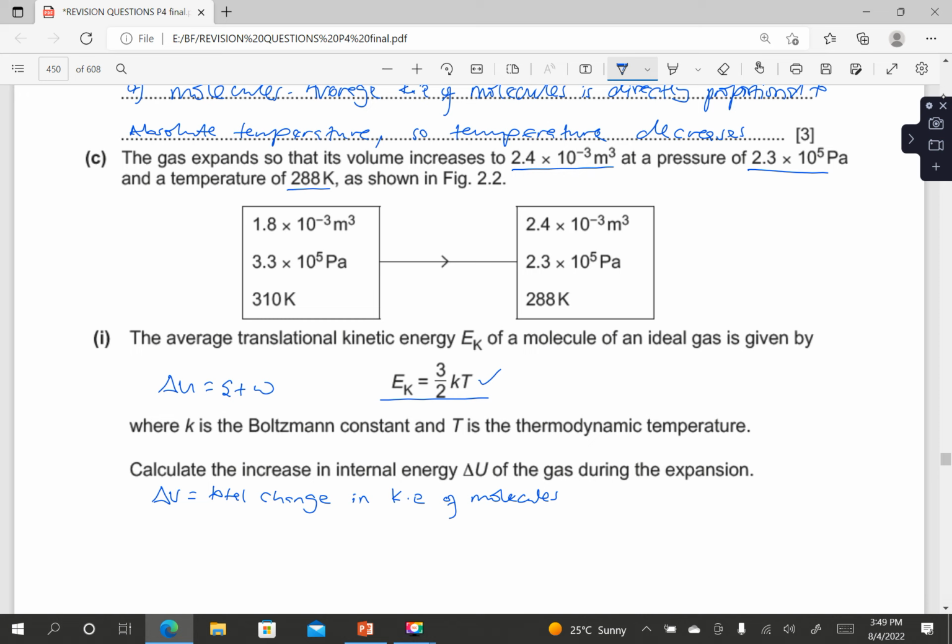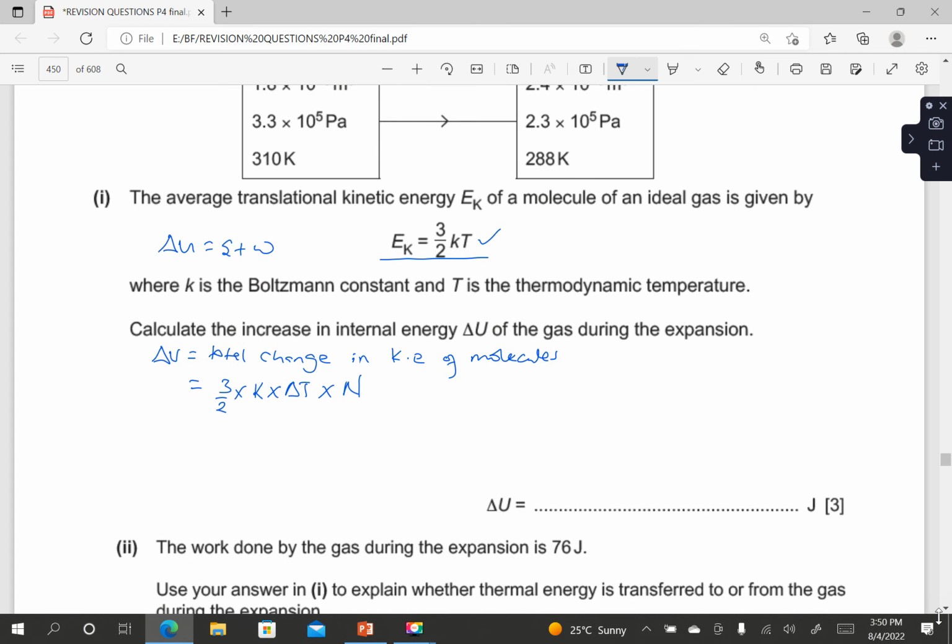So for many molecules, we shall multiply this by the number of molecules to get the total kinetic energy. So the change in internal energy will therefore be equal to 3 over 2 times k times the change in temperature, and this will be times the number of molecules of the gas. That will give us the total change in internal energy. Because the temperature changes from 310 to 288, the temperature is decreasing.